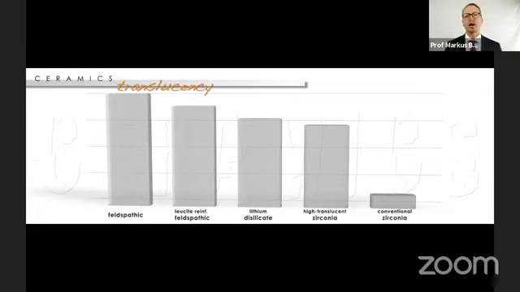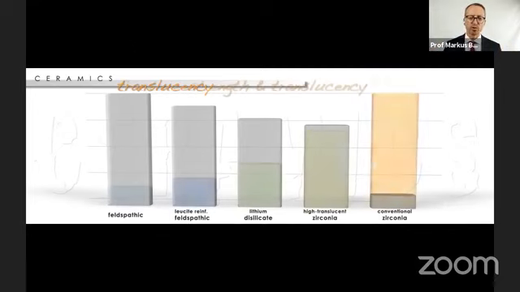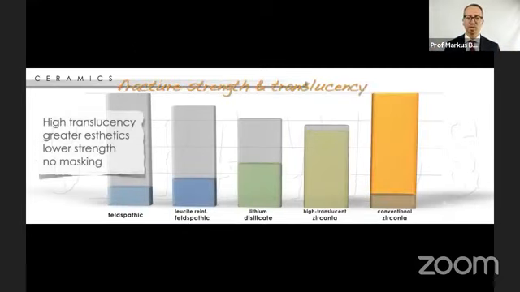If you ask me what I use as a criterion for selection, I just combine those two graphs. And I ask the same question as before: what are the patient needs? Do we need translucency? Do we need more aesthetics? Or do we need more strength? If I need more translucency and strength is not as important, I go to the left-hand side of the screen.